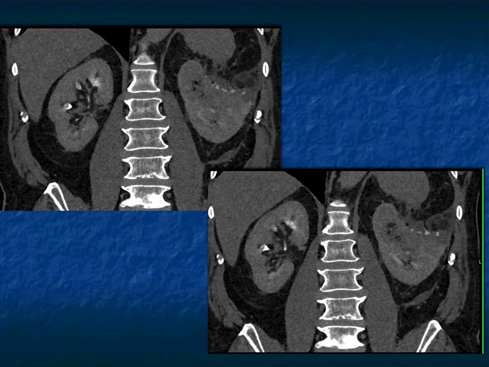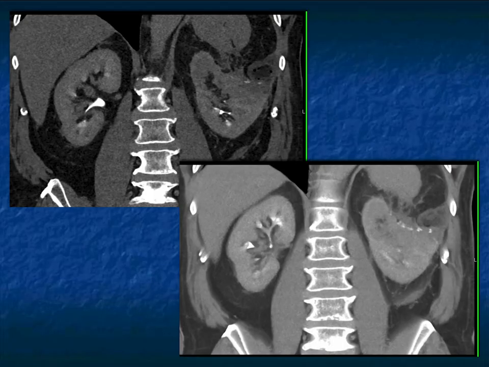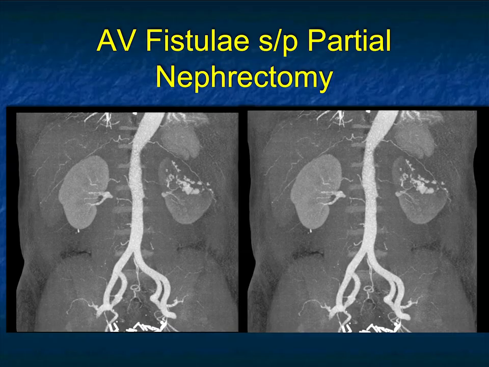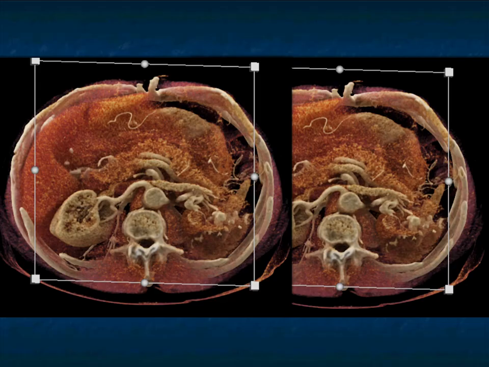Again, the point being, if you want to see complications like aneurysms and pseudoaneurysms and AV fistulas, you need to do arterial phase imaging to really see it well. On the venous phase, you may see it, but it often washes out very quickly. So an AV fistula is a complication of a partial nephrectomy. And here it is again.